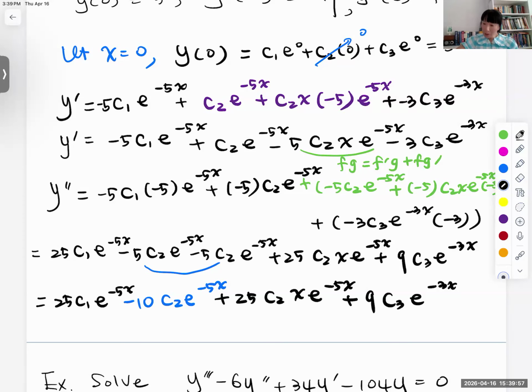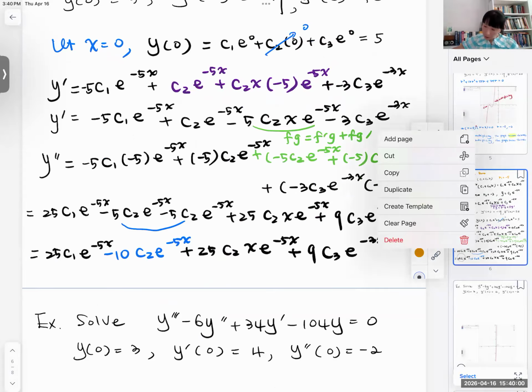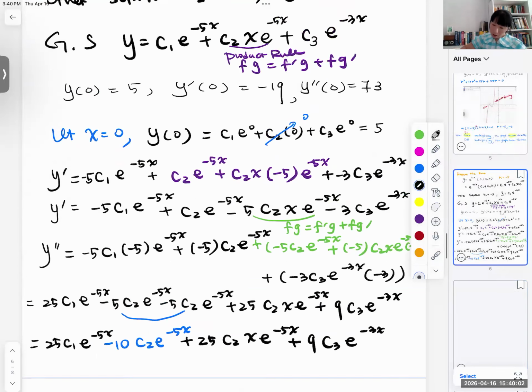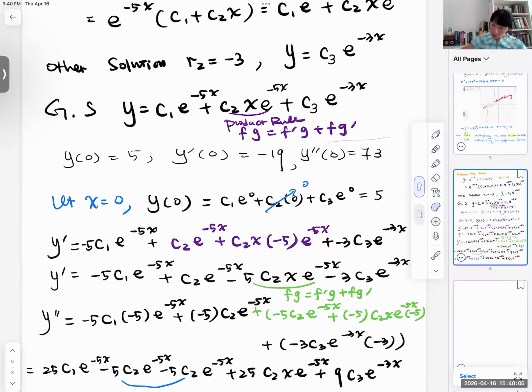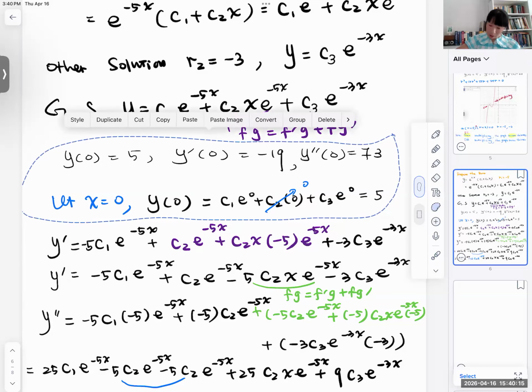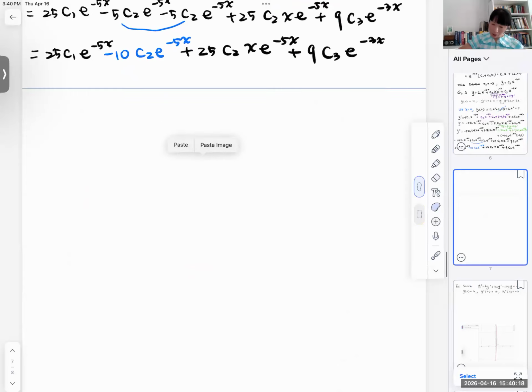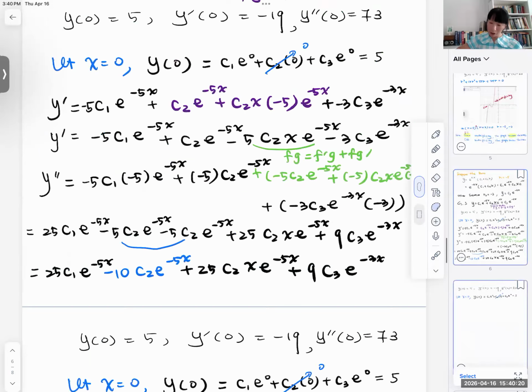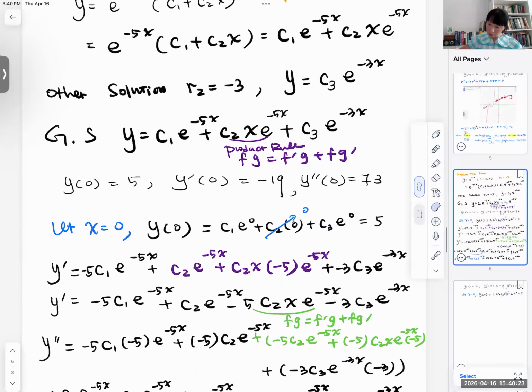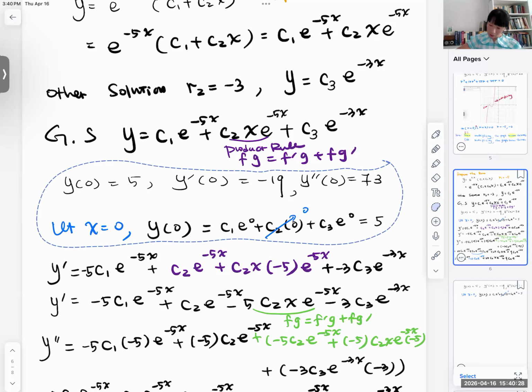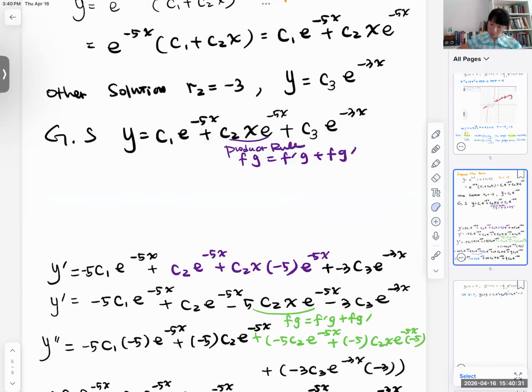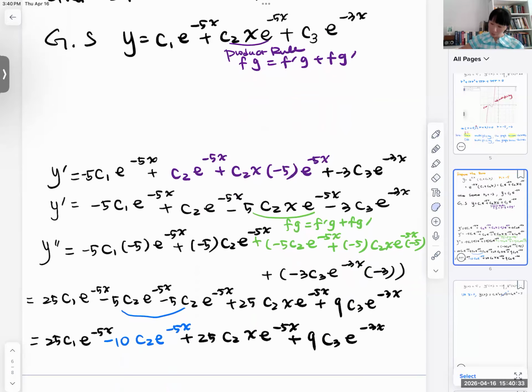Okay, now we're using the initial value problem, right? So initial. So we have, I'm gonna copy everything here. Copy. And here. Oh no, I have to cut, not to copy. I have to cut. Cut. Yeah. All right.